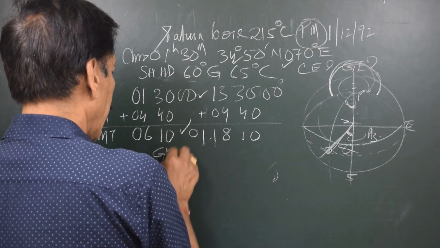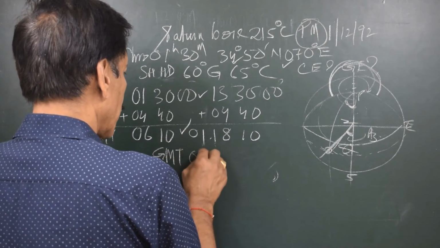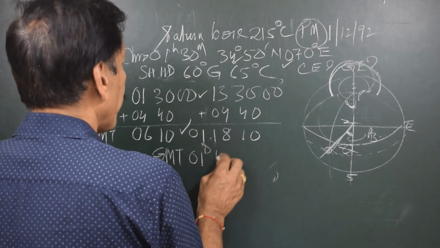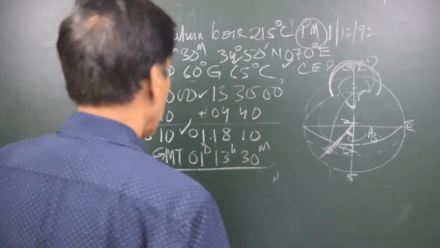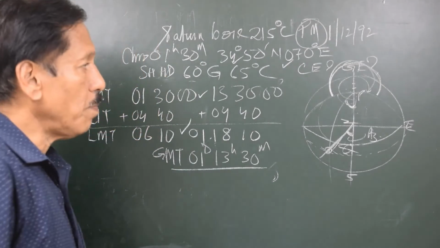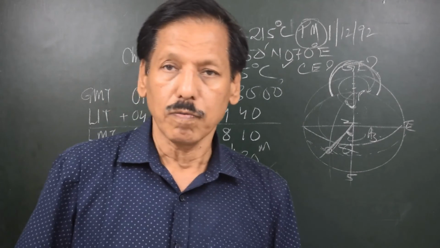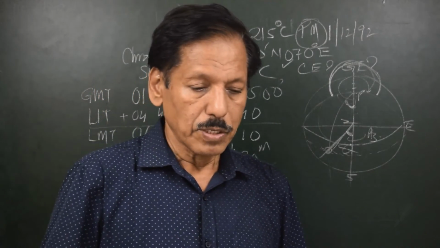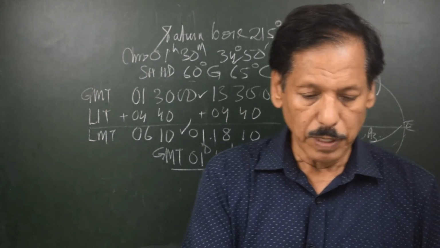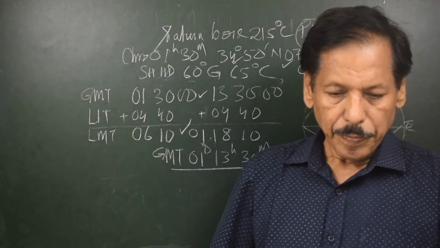So I write here the GMT is 01 day, 13 hours and 30 minutes. Now this GMT will give me the GHA of the body, and from this GMT I try to see the GHA in the almanac.